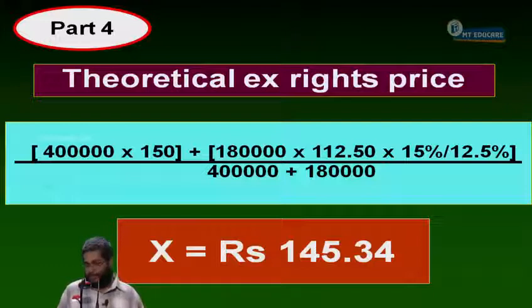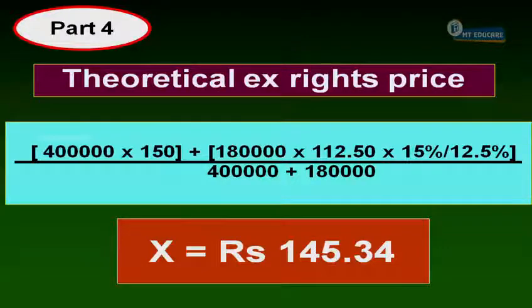Point number 1. Understanding the ex-rights price now. Existing wealth is equal to 4 lakhs into 150, which is 6 crores.